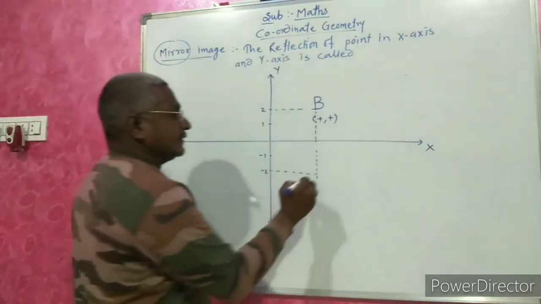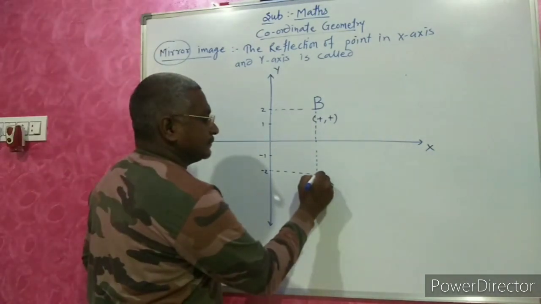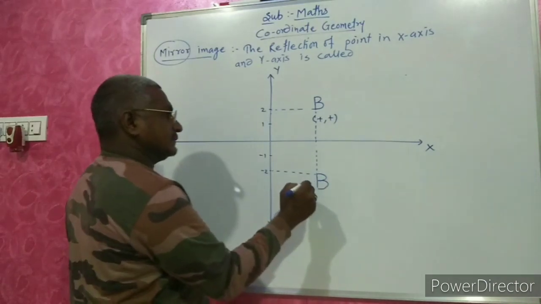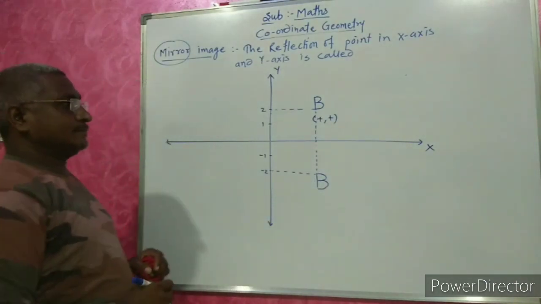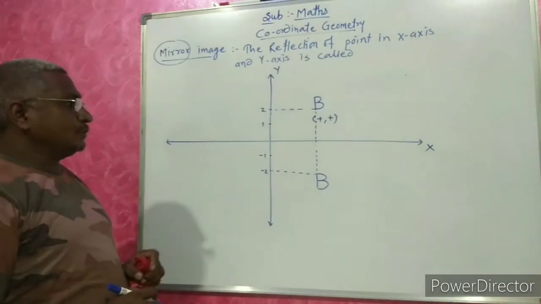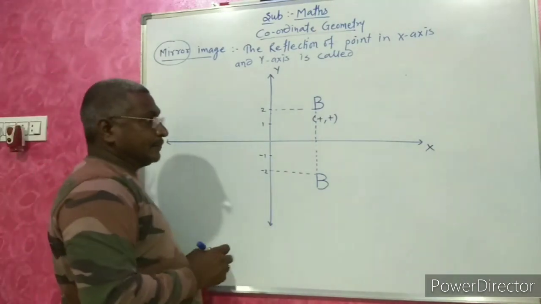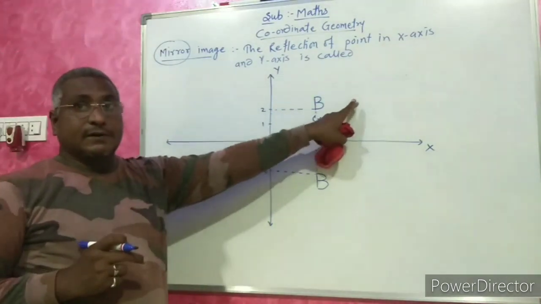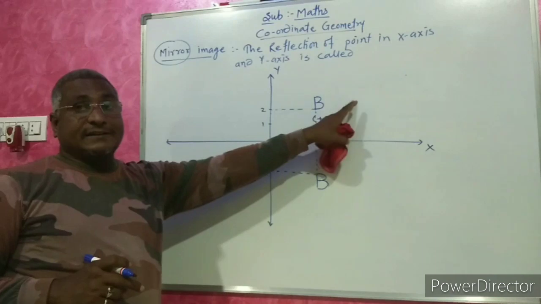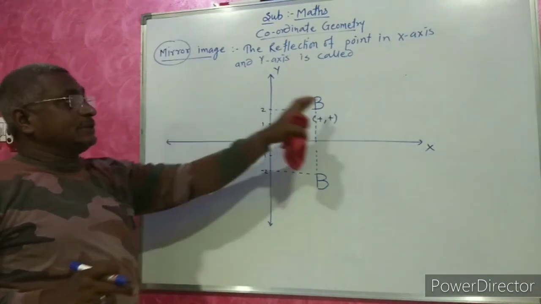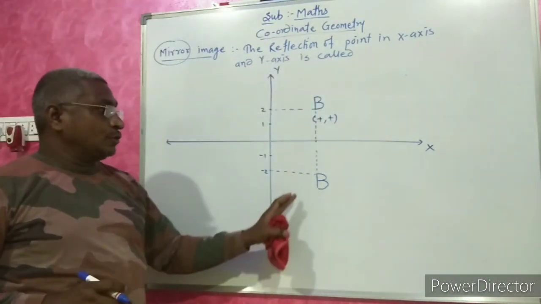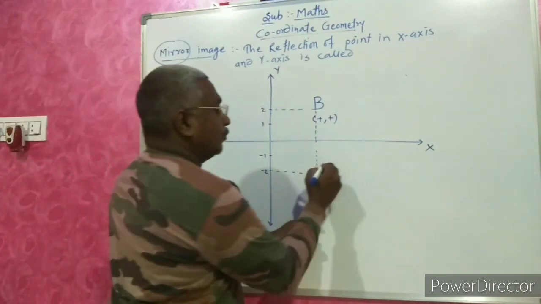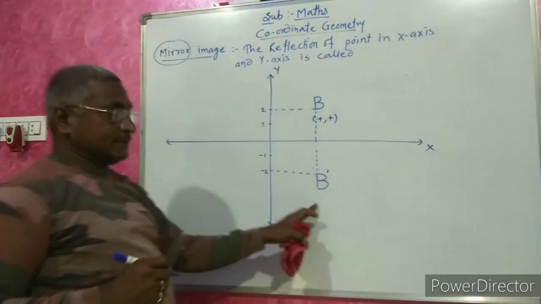So here you will get the image, like this. Understood? In the x-axis, if the point is in the first quadrant and they ask to find the mirror image of this point in the x-axis, in which quadrant will we get the mirror image? The fourth quadrant. This is the mirror image.